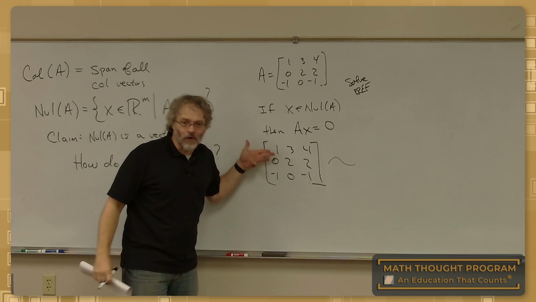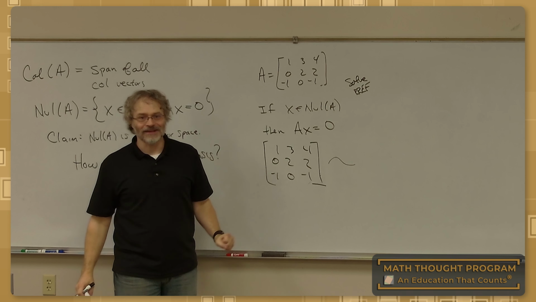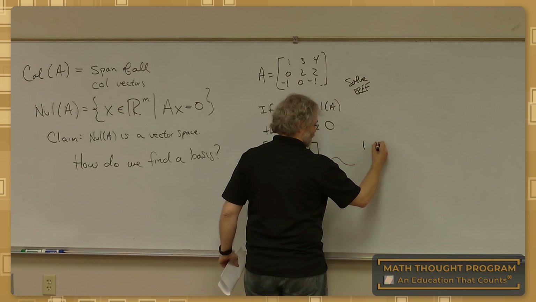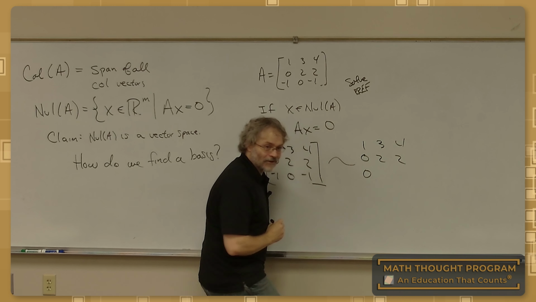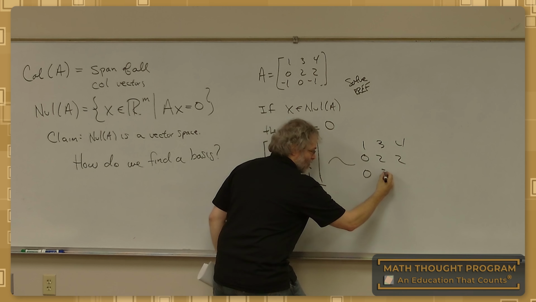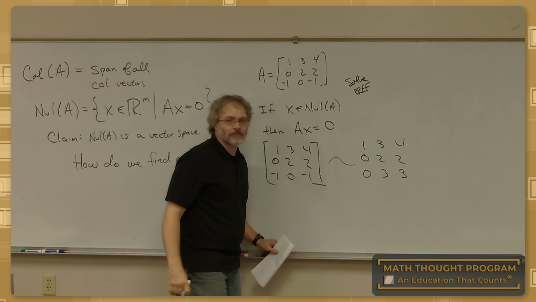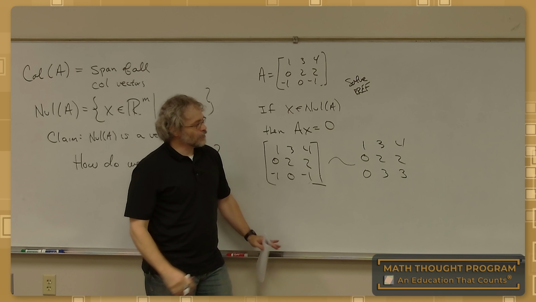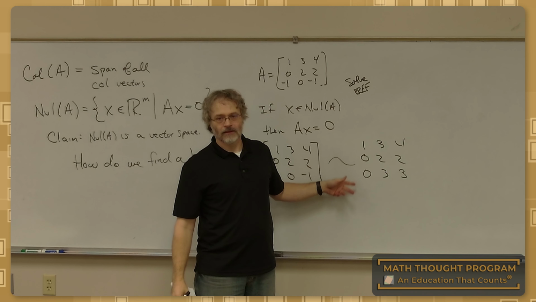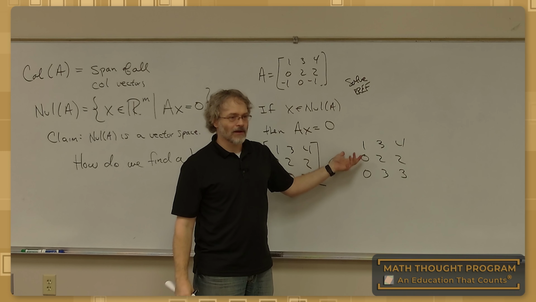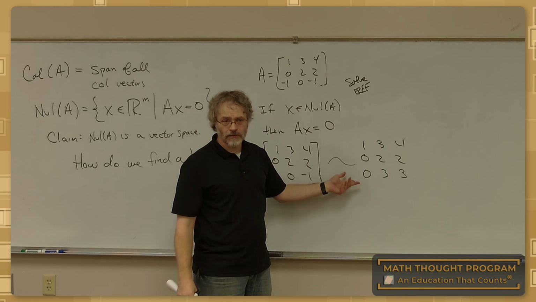Okay, well, I'm getting pretty excited now. If I take row 1, I add it down to row 3, guess what happens? Bang! 0, 3, 3. And look at this. Those are scalar multiples of one another.